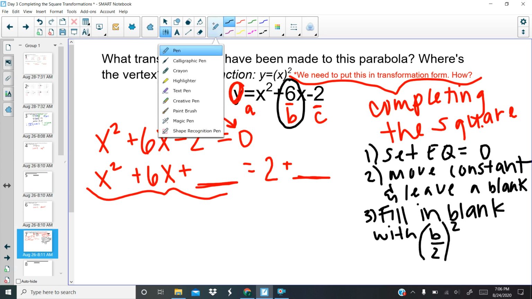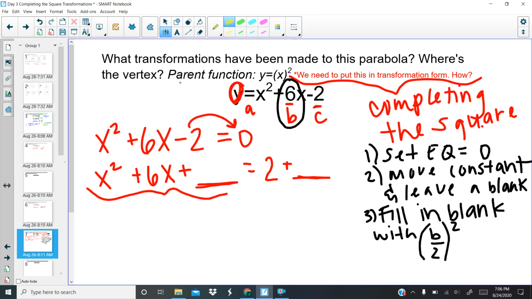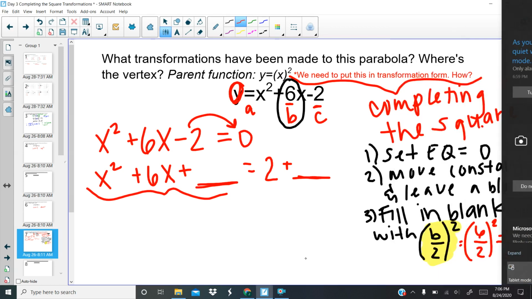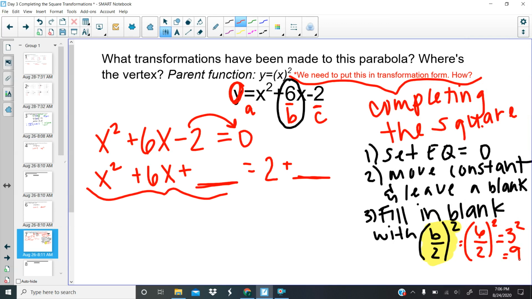I realize that's kind of weird, but it's just a rule you're going to need to remember. So whenever we do that, we have that b value divided by 2 squared. So in this case, we have 6 divided by 2 squared. So that's going to be 3 squared, and we're going to fill in that blank in this one with a 9.